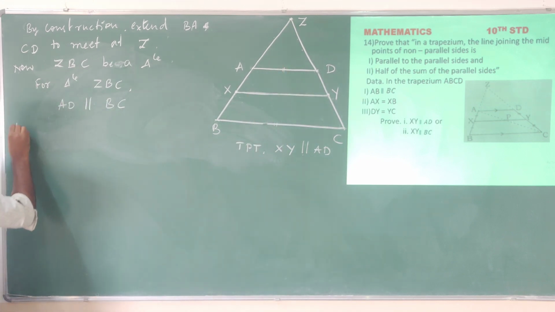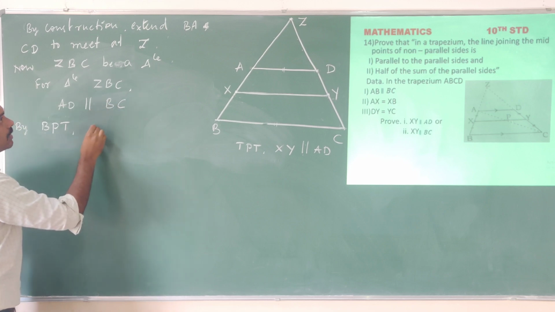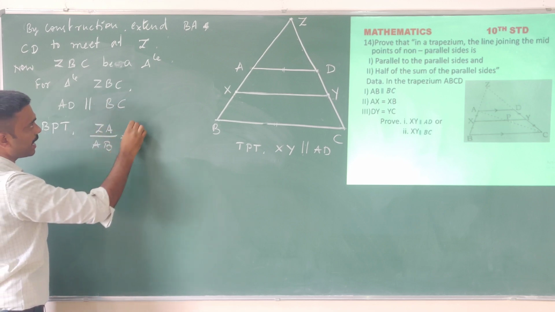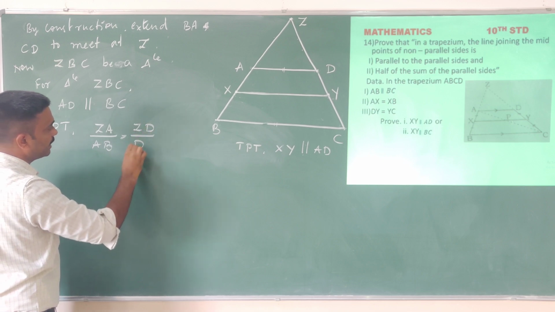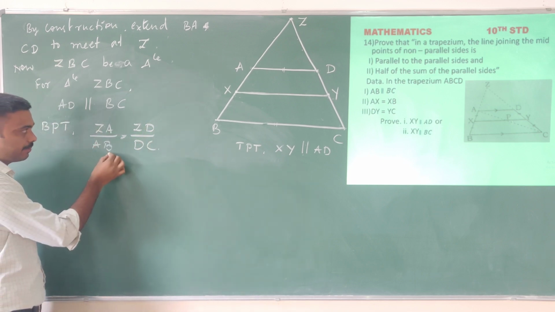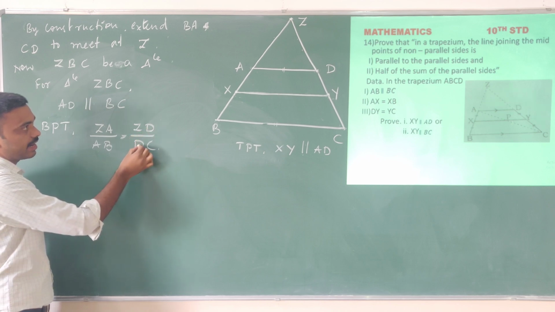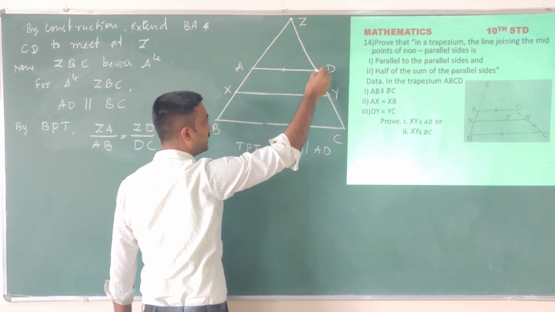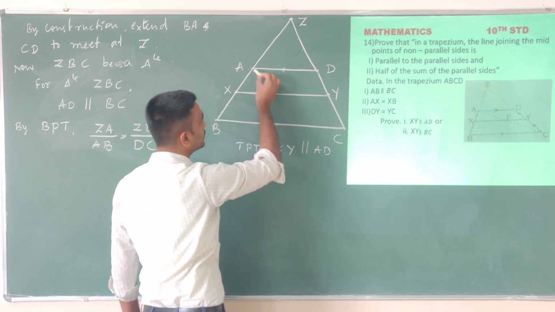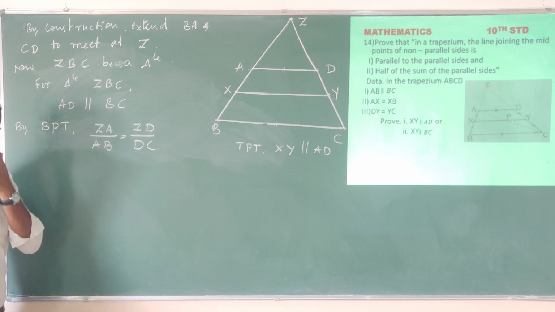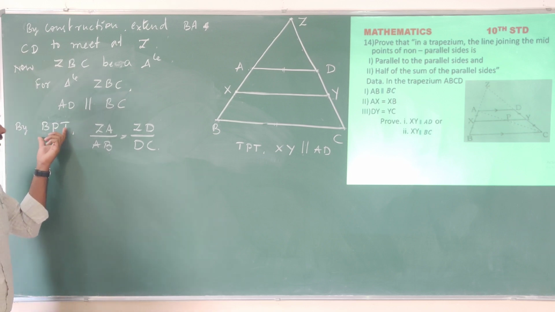So by BPT, in this triangle, ZA divided by AB is the same as ZD divided by DC. Do you understand, children? ZA divided by AB is equal to ZD divided by DC because AD is parallel to BC. So we can use the basic proportionality theorem. In fact, it is BPT.